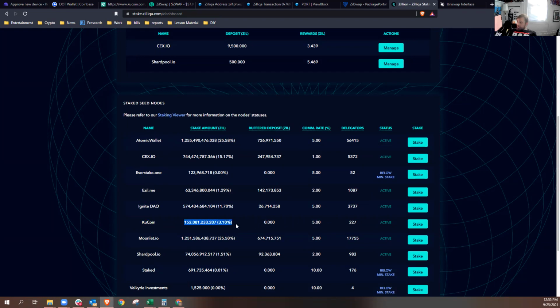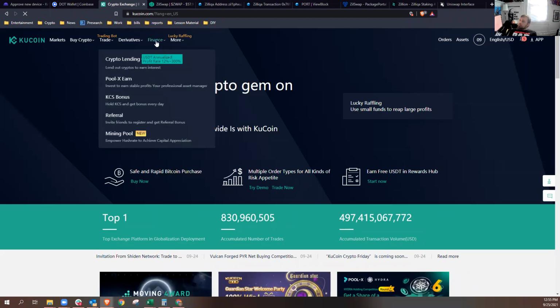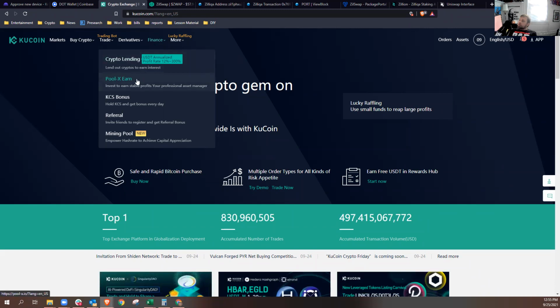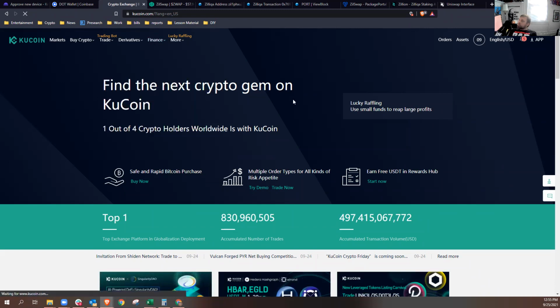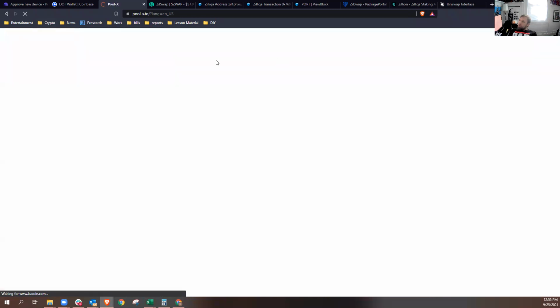But yes, they have a node that you can stake on. As far as being able to stake on KuCoin, I don't know if you can actually stake on their website.